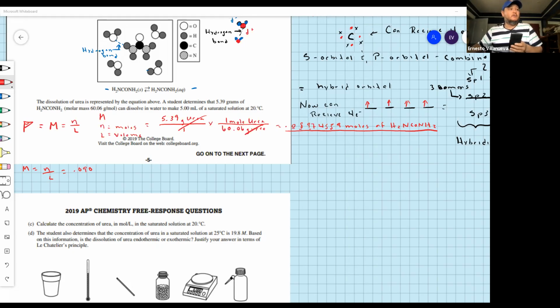All right. Now, remember, don't get caught up in this trap, because this 0 right here is just a placeholder, so technically it's not significant.